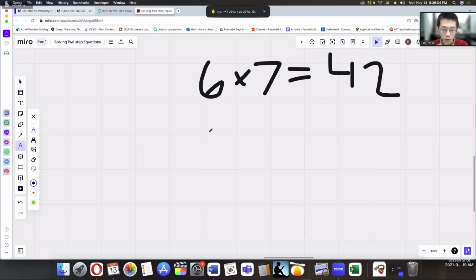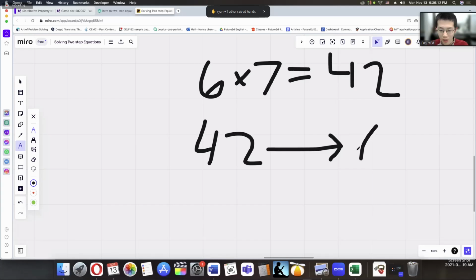So 42, I want to somehow use magic and bring it back into a 6. So I need to do something to bring it back into a 6. What do I need to do to it? Divide by 7. So remember, at the beginning I had a 6, I did some multiply by 7 magic, and boom, it's now a 42.